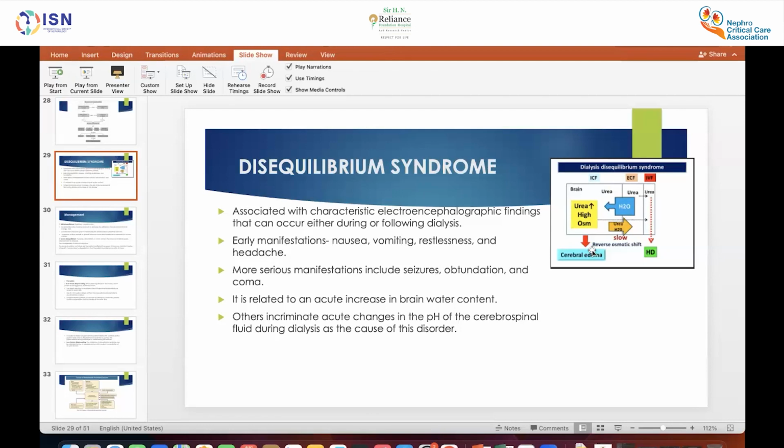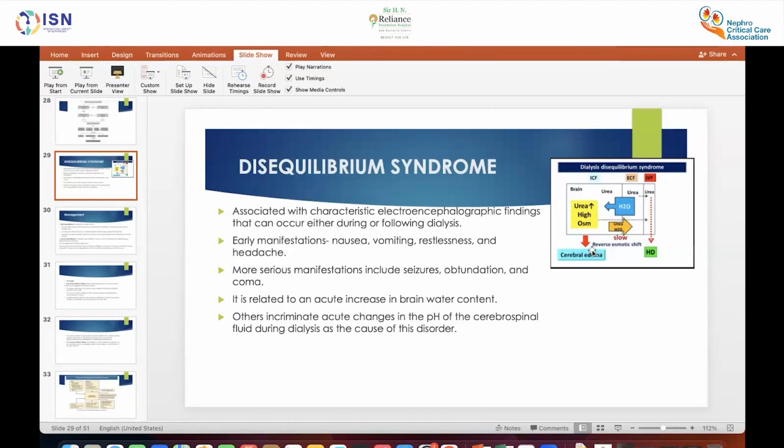So in this scenario, you have to calculate the body surface area, how much the patient's size is, then accordingly use the smallest possible dialyzer. In children also it has to be like that. The child's size and surface area have to be proportionate to the dialyzer surface area. You cannot dialyze a child with a 1.6 or 1.8 square meter dialyzer. It will cause more dialysis disequilibrium.